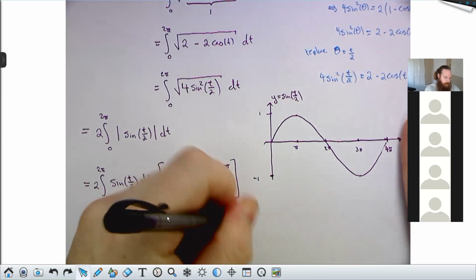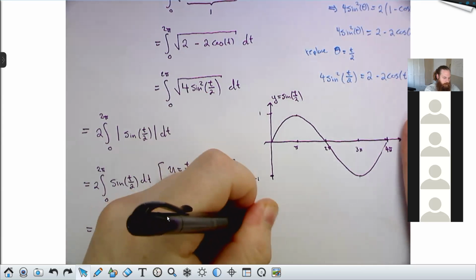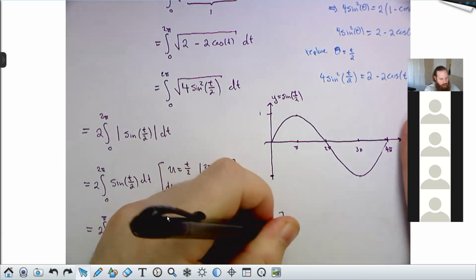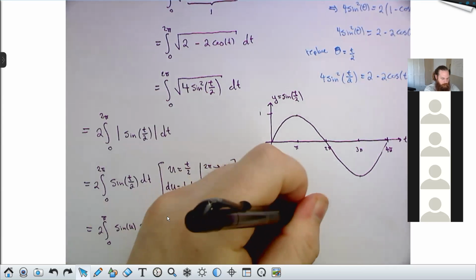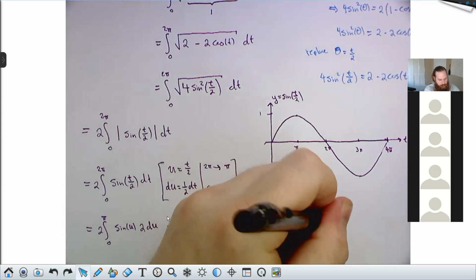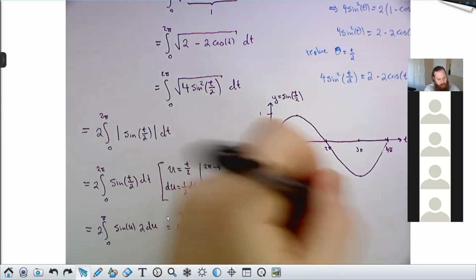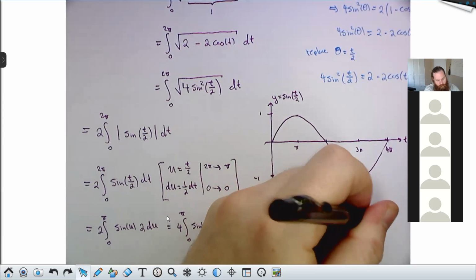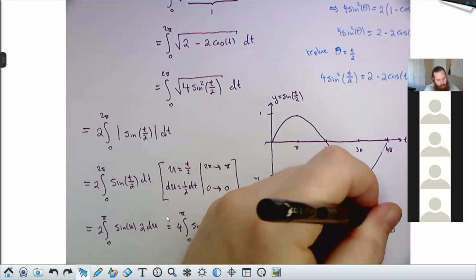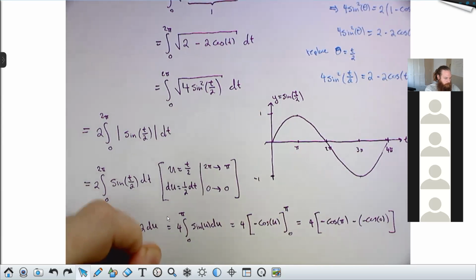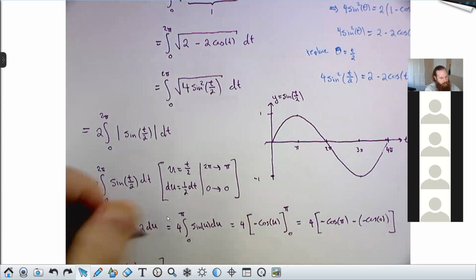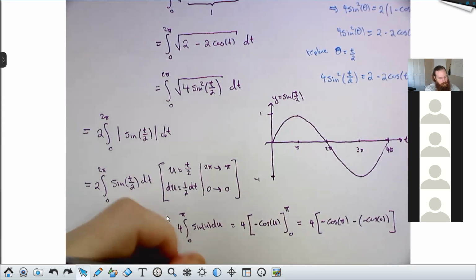which is 4 times negative cos of u, evaluated from 0 to pi, which is 4 times negative cos of pi minus negative cos of 0, which is 4 times negative 1 plus 1, which is 4 times 2, which is 8.